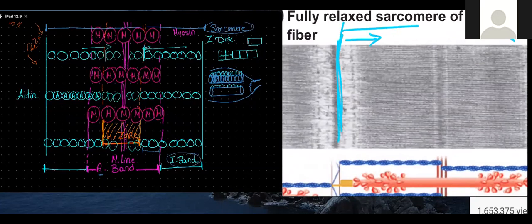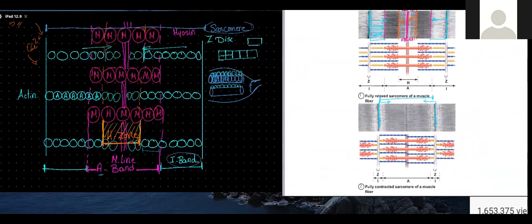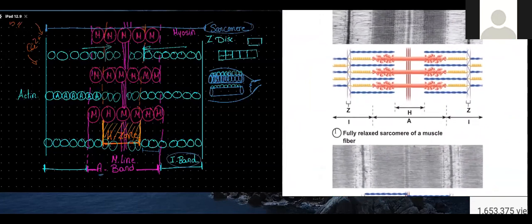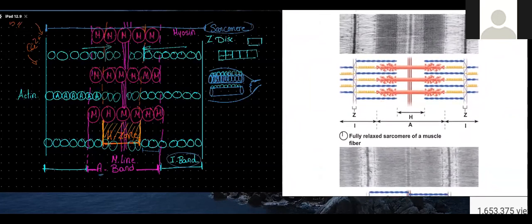So the length of the sarcomere shortens. So compare those two to one another. Look at those two diagrams. Which one is shorter in length, A or B? Which one has a shorter sarcomere?